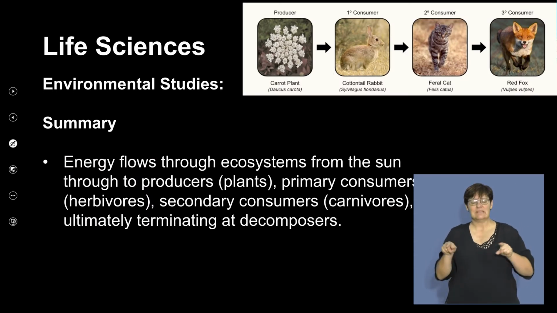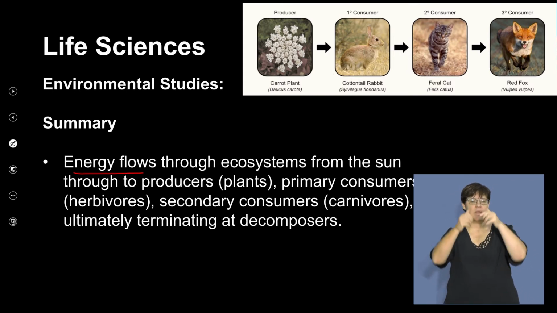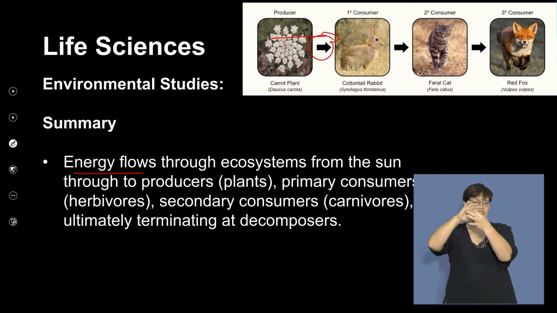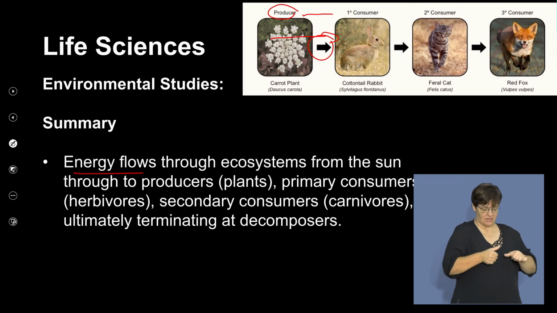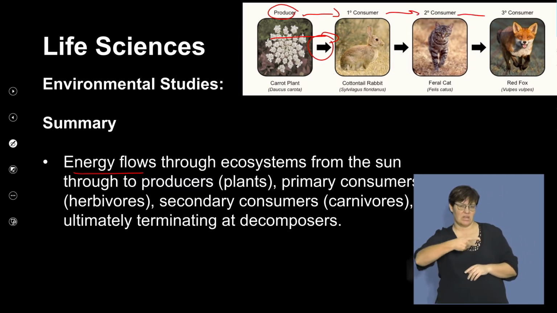We also went into studying how energy flows in an ecosystem, and we illustrated that by using what we refer to as a food chain, which starts off with the producer and then illustrates how energy is passed down from primary producers, consumers, to your secondary, and then finally your tertiary consumers.